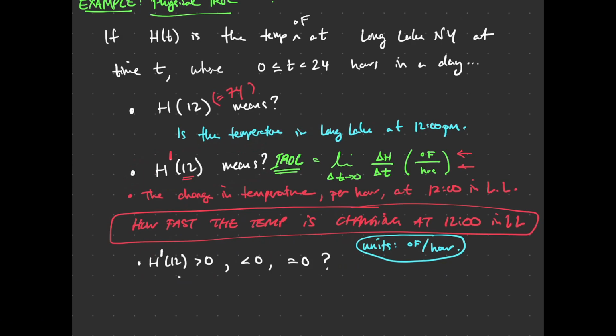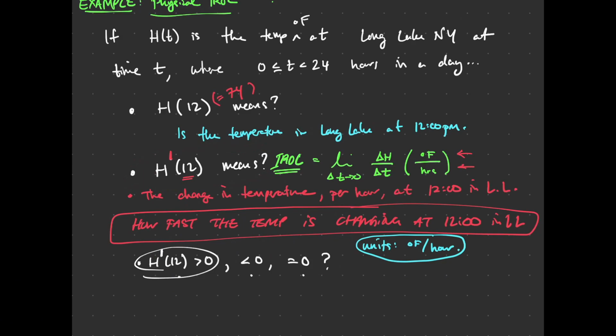So what does the sign of h prime tell us about temperature increasing or decreasing? Well, if the slope of the tangent line is positive, that means we're increasing. If the slope of the tangent line is negative, that means we're decreasing. If the slope of the tangent line is 0, that means we're flat. So it would make the most sense that the temperature here would be increasing.